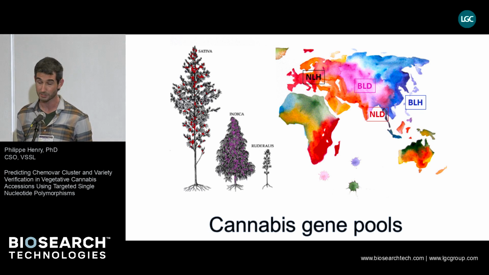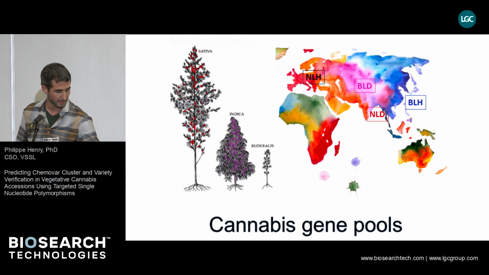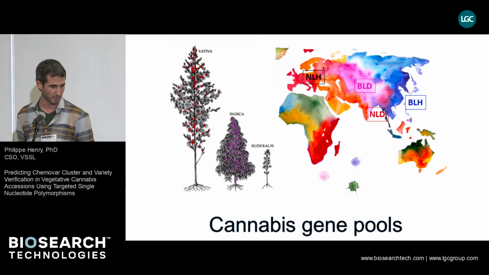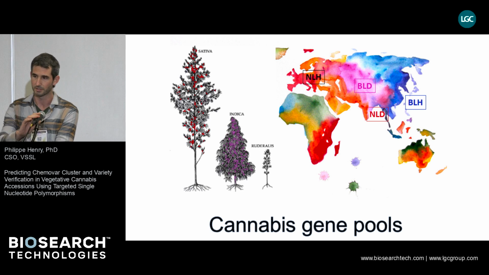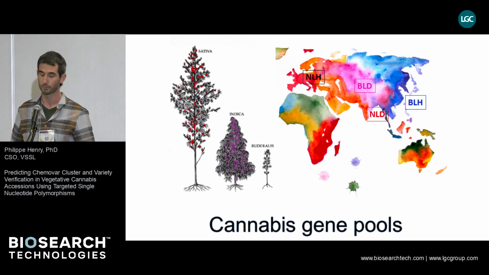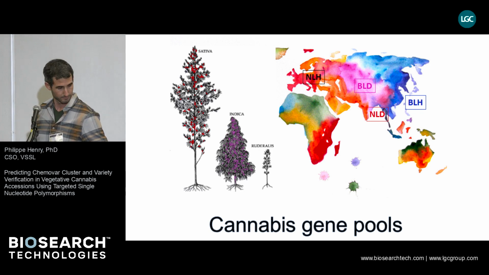But essentially, these are mainly hybrids of each other anyway, which I'll get to in a minute. And something we don't talk about so much is the broadleaf hemp, the Chinese hemp, which is a non-psychoactive fiber type with broad leaves, which I unfortunately have never had the chance to run a sample of.